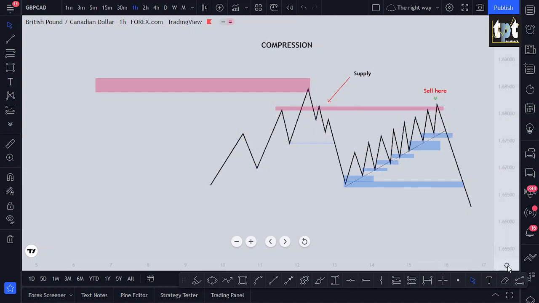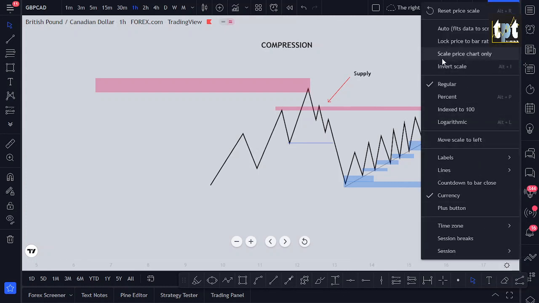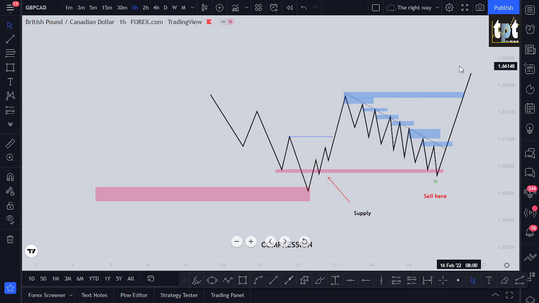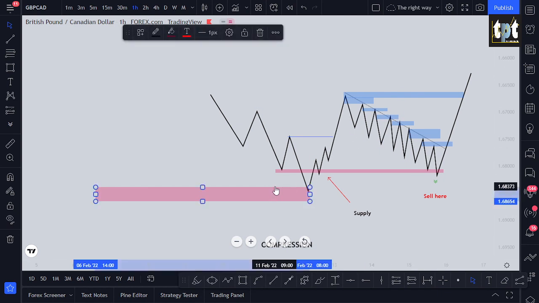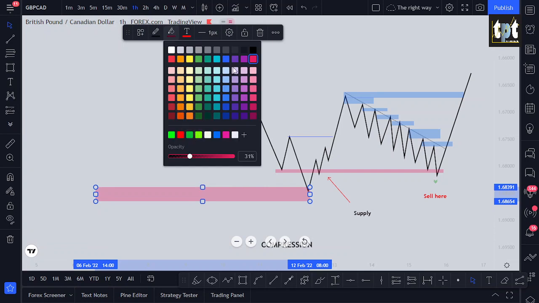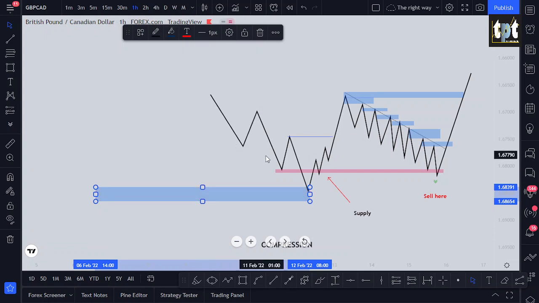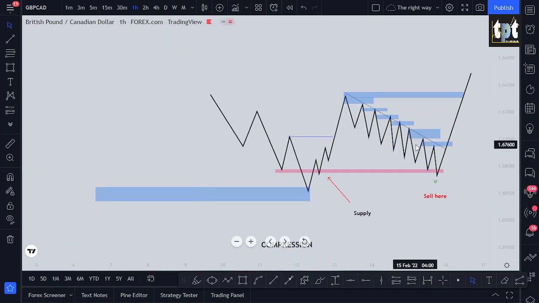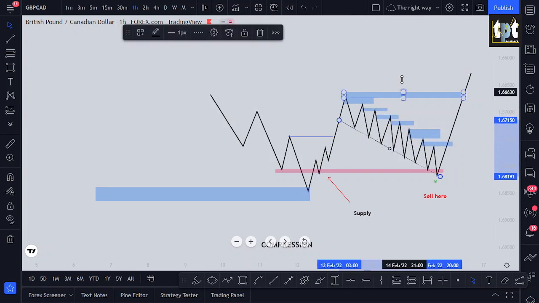Now for the buys, let us flip or invert the scale so that you can see it for the buys. Now for the demand, we use blue. So I'll shift this to this particular place. Now we shift these colors to pink for supply.